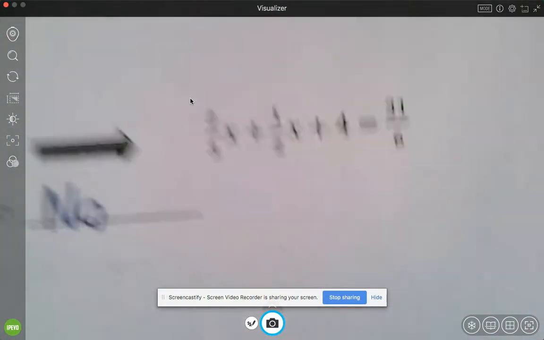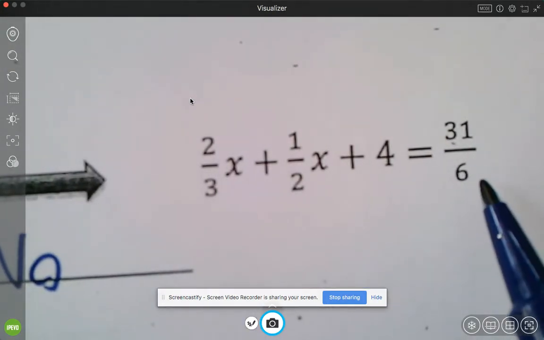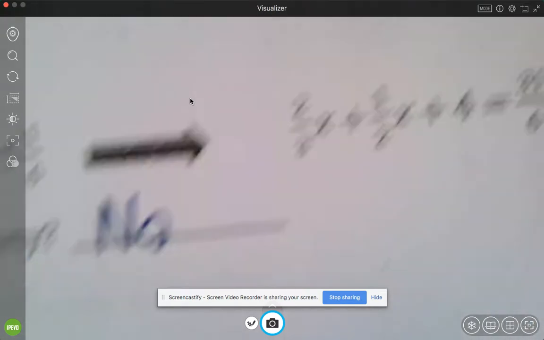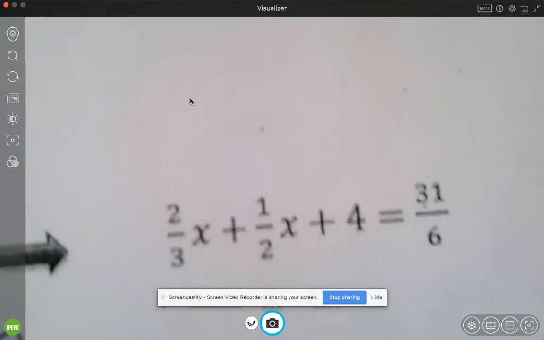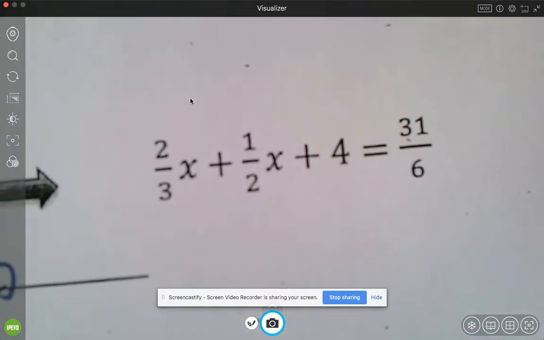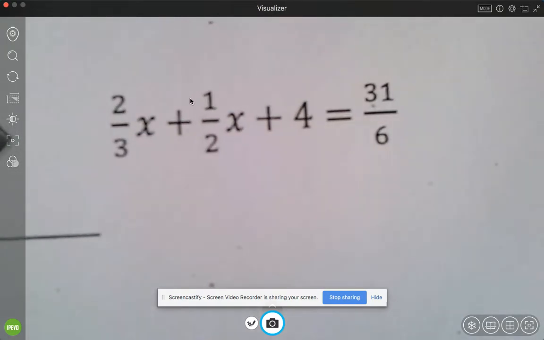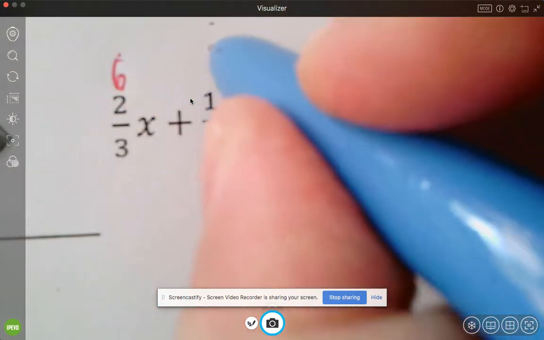What's the least common denominator between 3, 2, and 6? Hopefully you put 6 again, right? So 6 goes into all of those. Now we can do it over here to the side. There's room. So we're going to multiply all those numbers by a 6, so we'll put 6 again at the top.